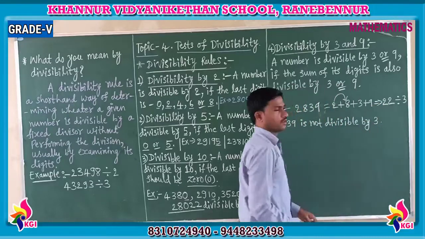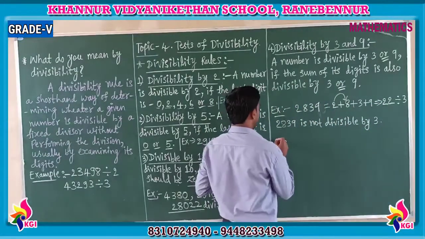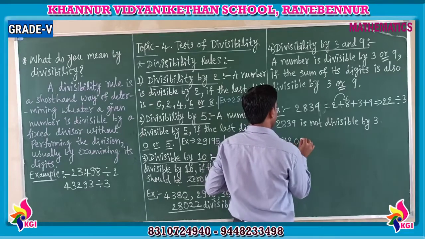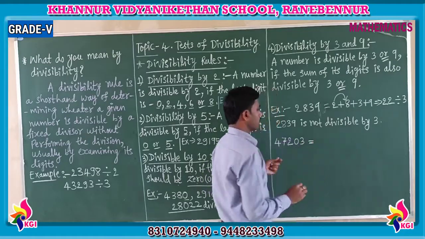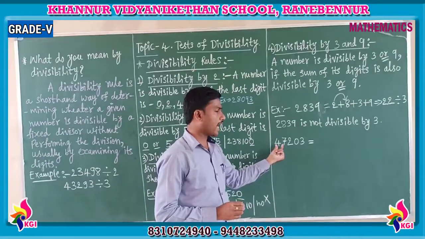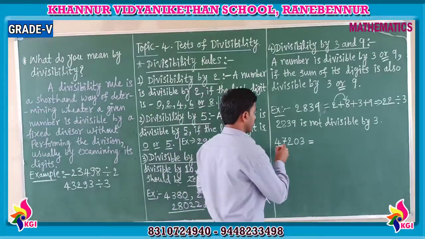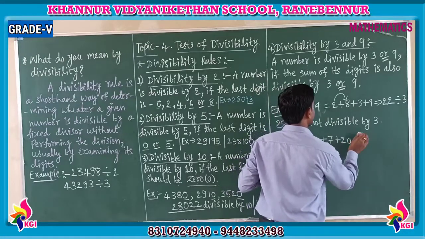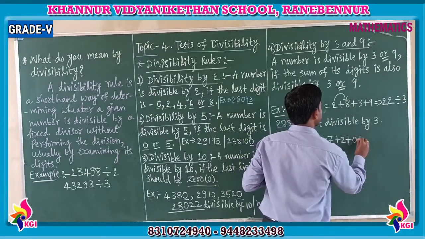Okay. Next example, 47,203. First of all, add all the digits: 4 plus 7 plus 2 plus 0 plus 3.